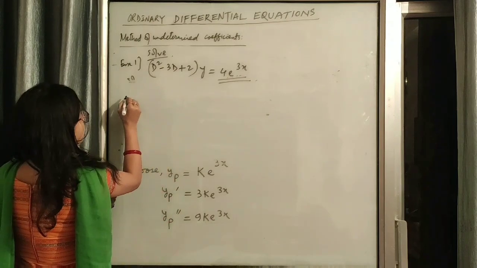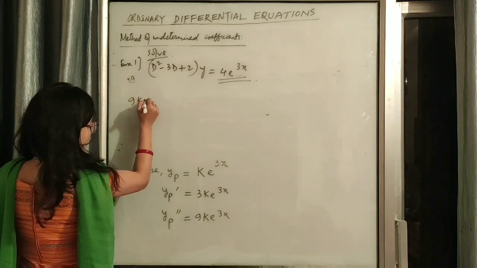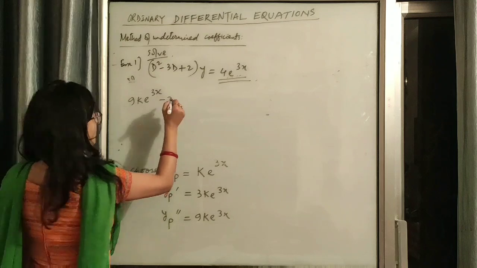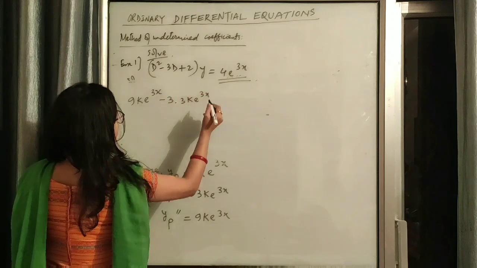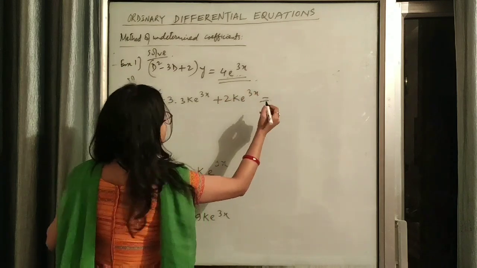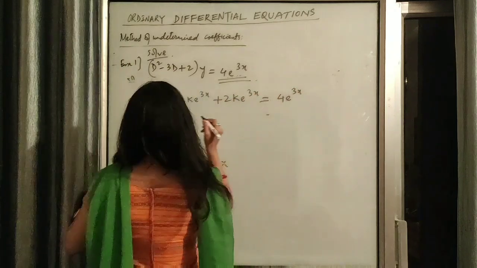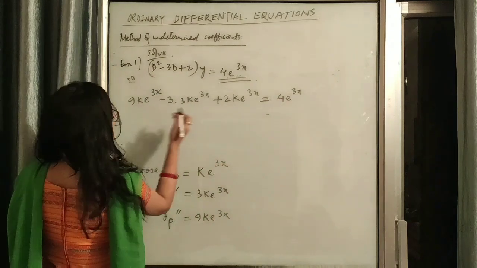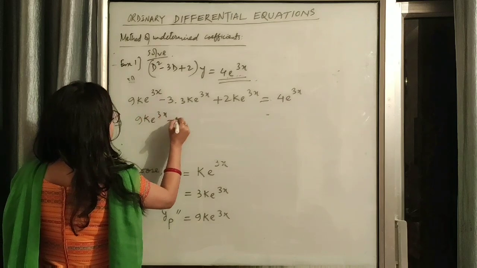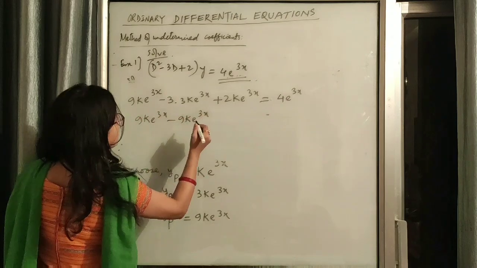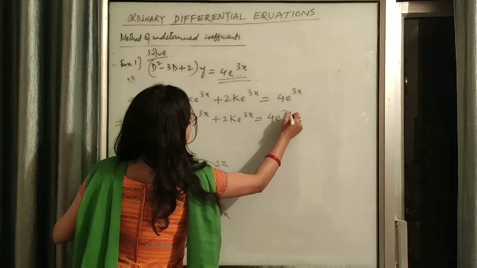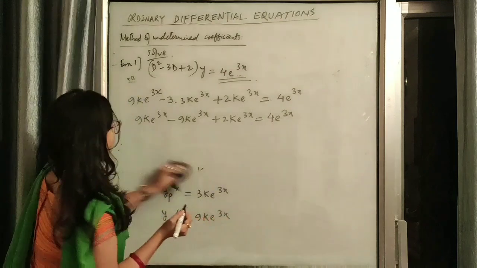Then we have 9k e^(3x) − 3 × 3k e^(3x) + 2k e^(3x) = 4e^(3x). Then we will try to simplify this. So 9k e^(3x) − 9k e^(3x) + 2k e^(3x) = 4e^(3x).